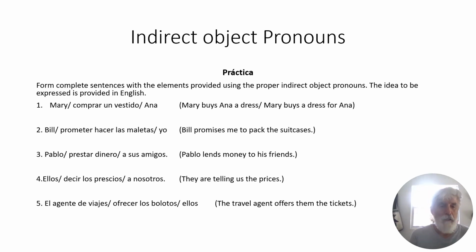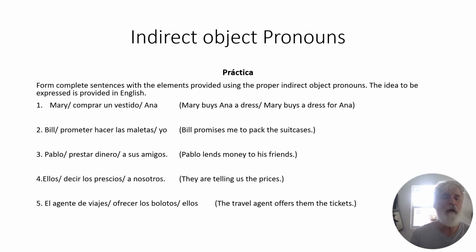All right, let's do a few practice problems here. So you're going to get the elements for making a sentence, okay? I'm trying to give you an idea of what I want you to say with these building blocks for a sentence. So we want to be able to say, Mary buys Anna a dress, or Mary buys a dress for Anna. Now Anna will be the indirect object.